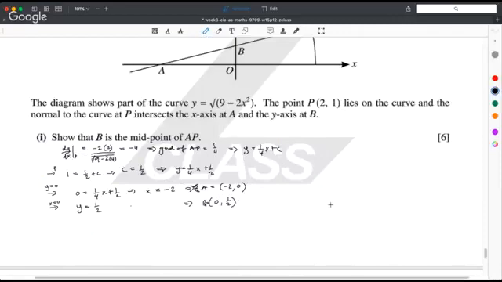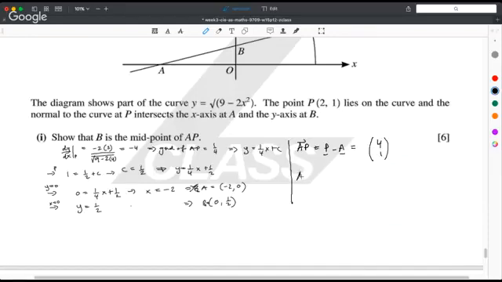The way I think about these things is usually in terms of vectors, because vectors are great. So I'm going to look at the vector AP. Well, that's just equal to P minus A, and that is equal to (4, 1).